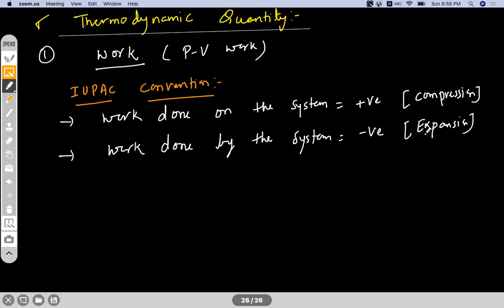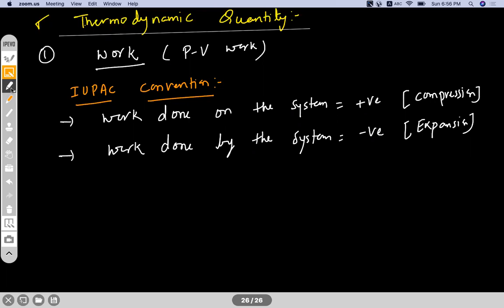So there are no mistakes over here. This is the convention we use in chemistry. In physics, it is opposite. Okay.